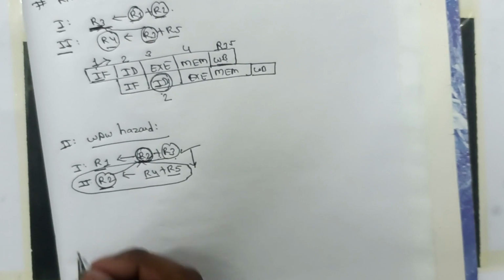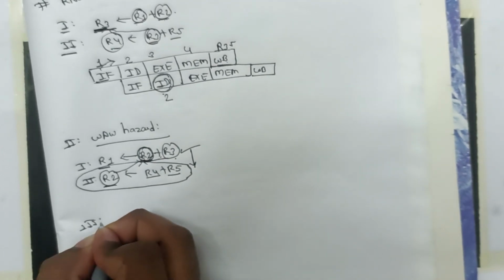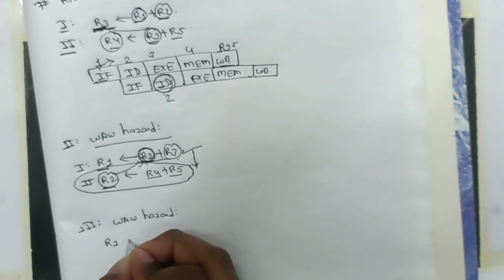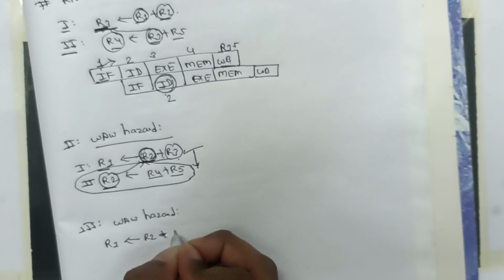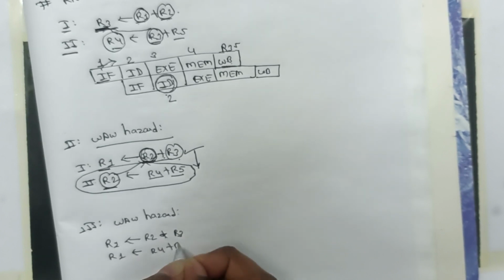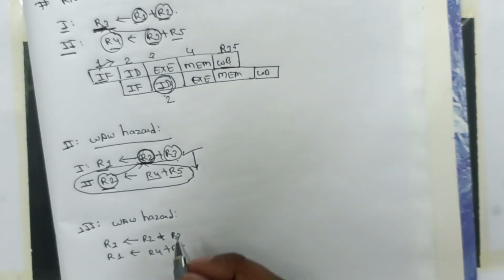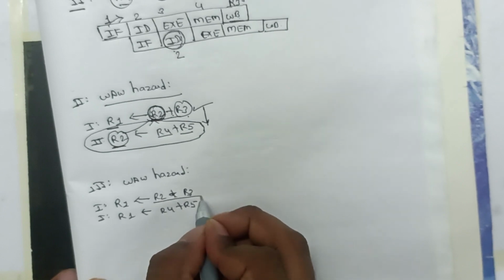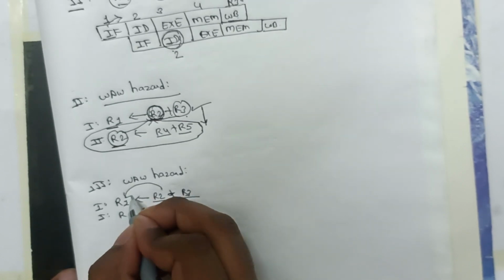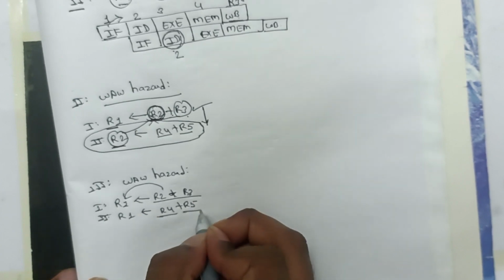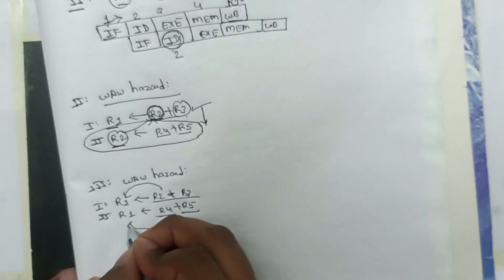Number three is the WAW hazard, which means write after write hazard. R1 = R2 multiply R3, and R1 = R4 plus R5. You can see that in the first instruction, R2 is multiplied with R3 and stored in R1. And in the second instruction, R4 is added with R5 and stored in the same R1.